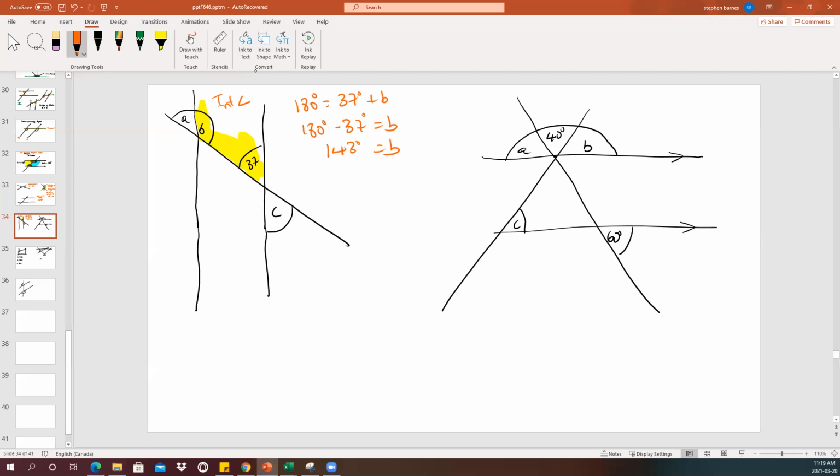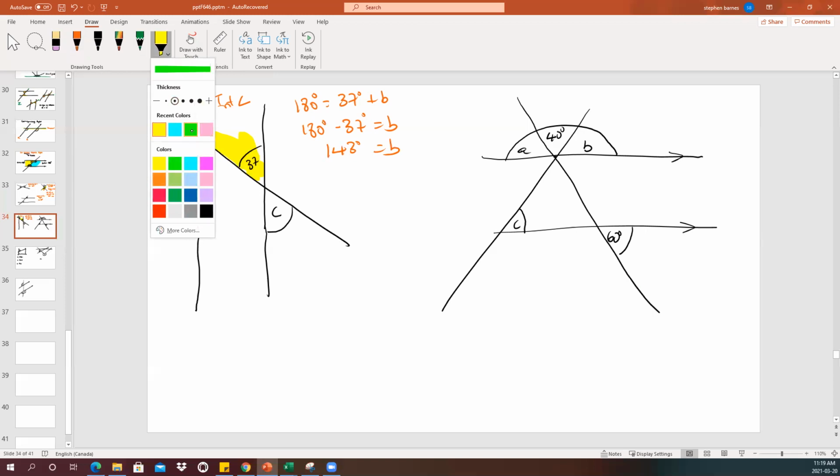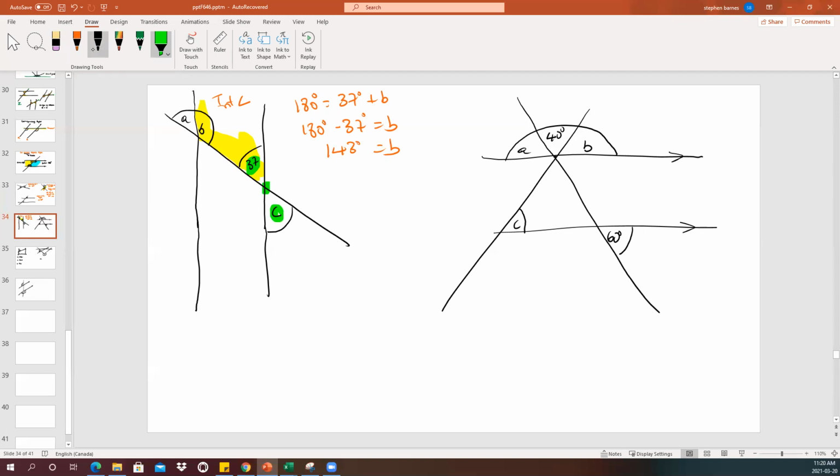Then I can find C. Whichever one you do first is fine. For C, I'm going to say this is angles around a point, and this 37 is opposite to C. So this is a vertically opposite angle.